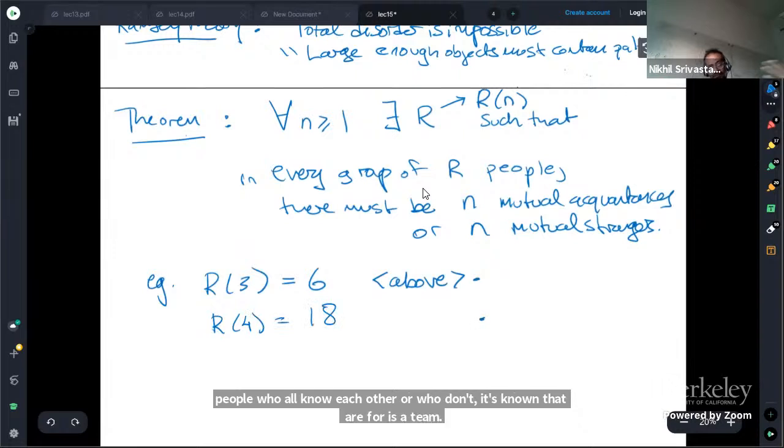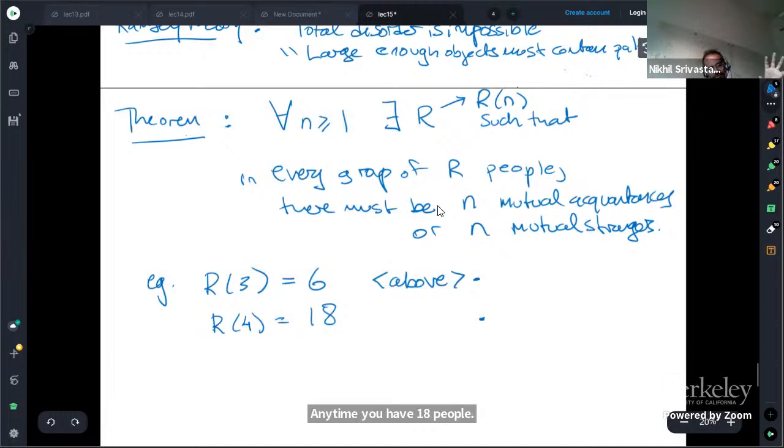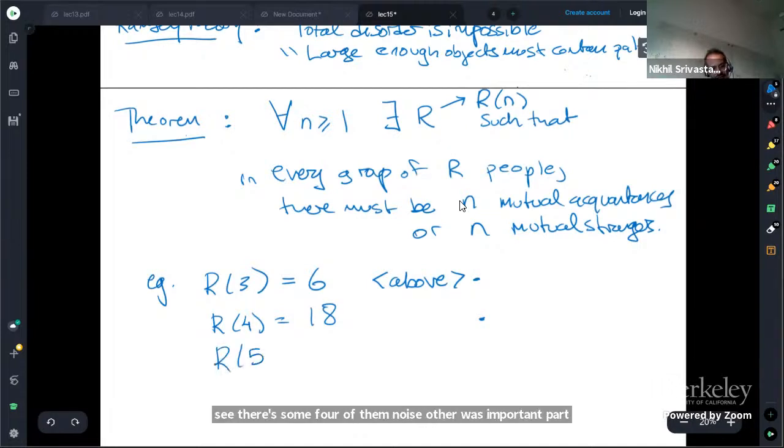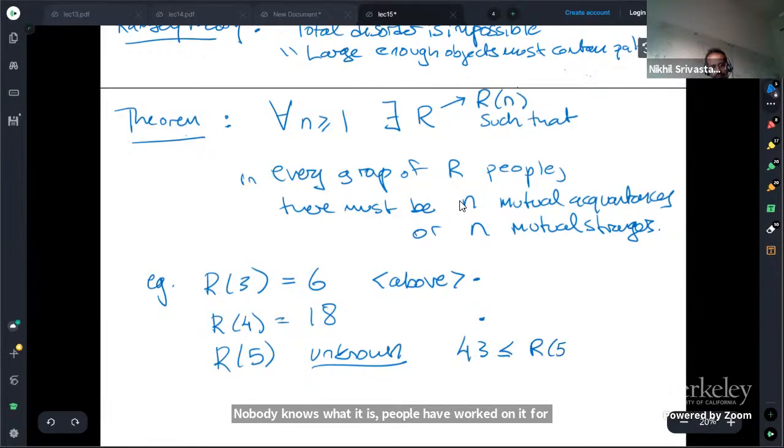Anytime you have 18 people, either some 4 of them know each other or some 4 of them don't. R of 5 is actually unknown. Nobody knows what it is. People have worked on it for decades, but it's somewhere between 43 and 48. And of course, R of 6, et cetera, are totally unknown.